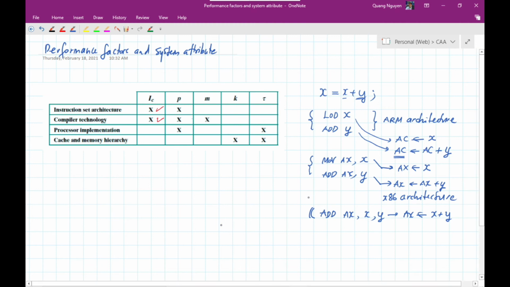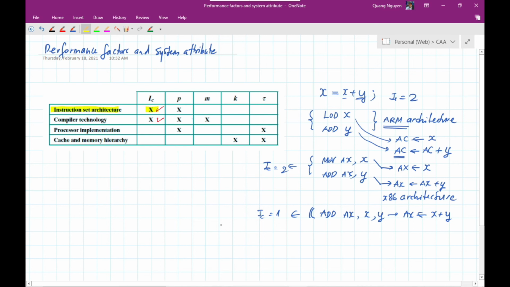This example clearly explains that with different instruction set architectures, we have different machine code, and with this one we have IC equal to 1. That means the instruction set architecture affects the number of instructions in the program.